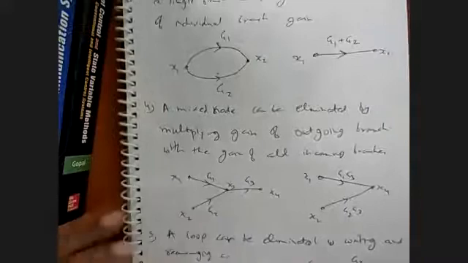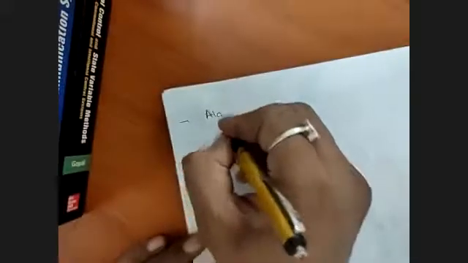So now comes, we have algebraic equations, and we have to convert that algebraic equation into a signal flow graph. We can have two things. First is we have an algebraic equation.